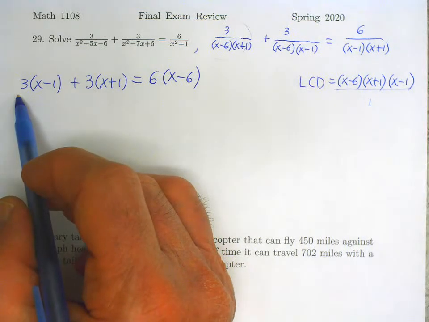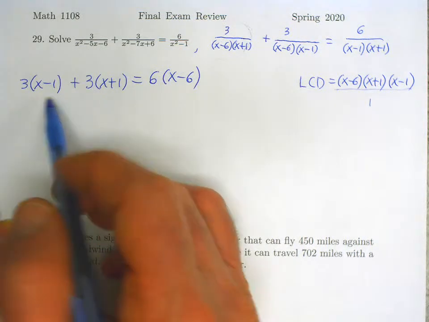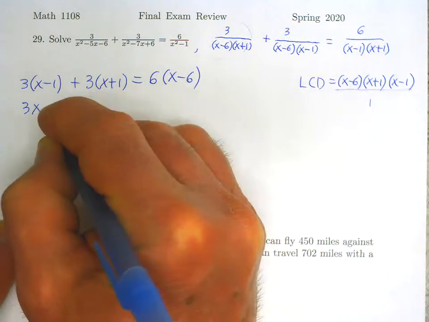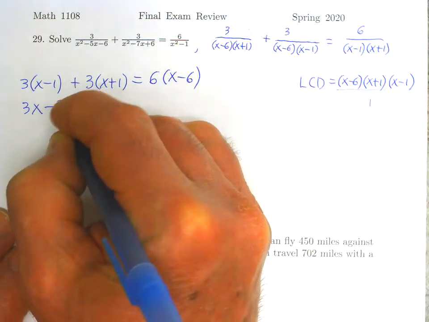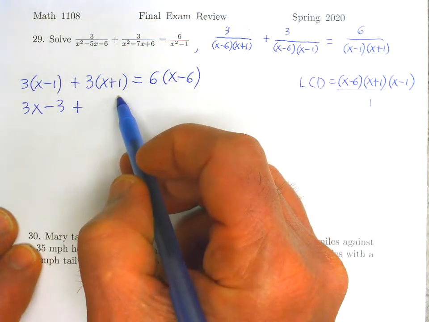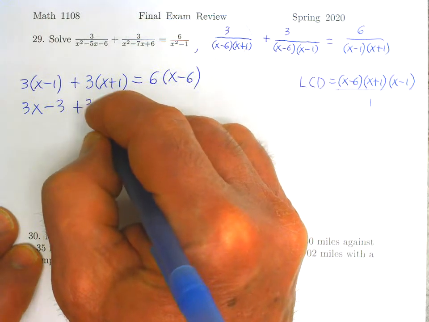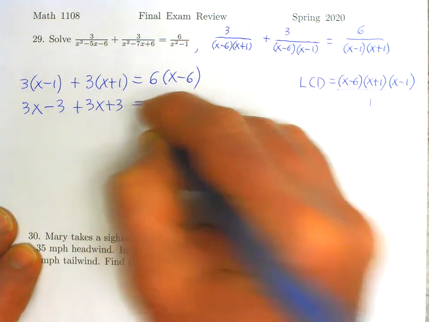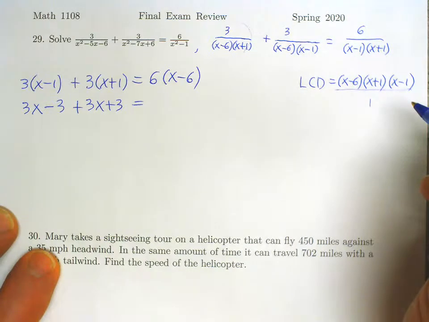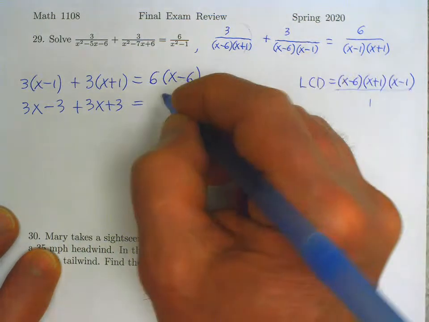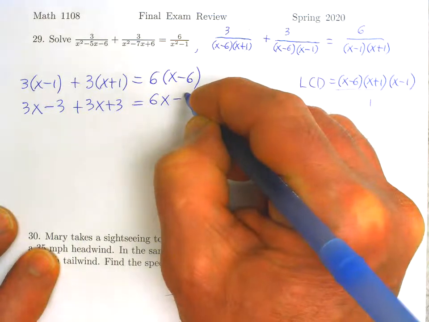So multiply 3 times x minus 1, we get 3x minus 3, and then 3 times x plus 1 is plus 3x plus 3. And on the right-hand side, we get 6x minus 36.